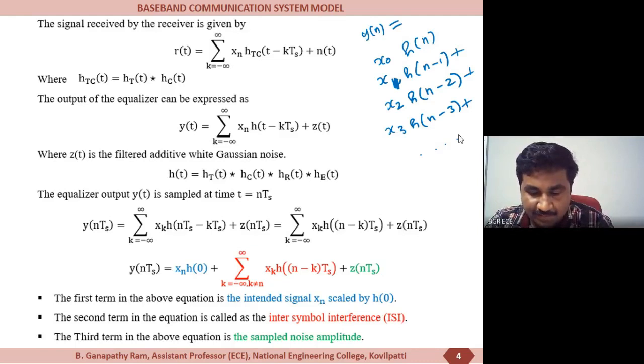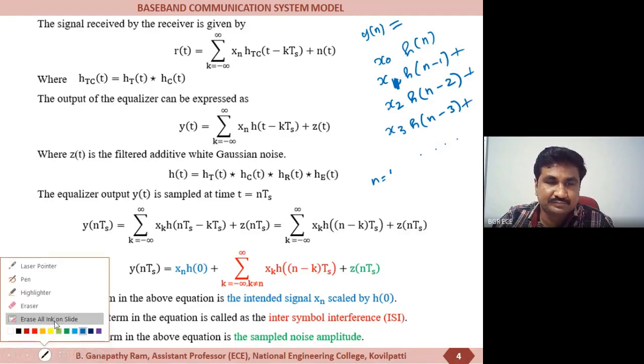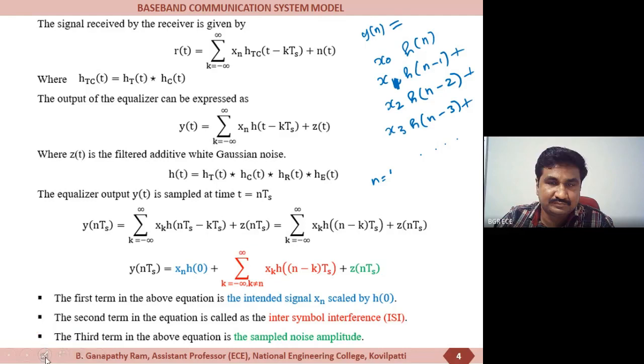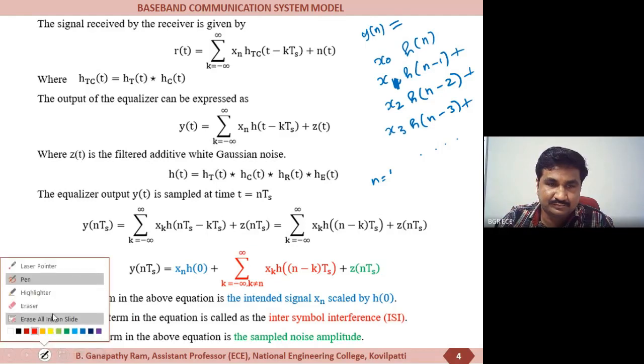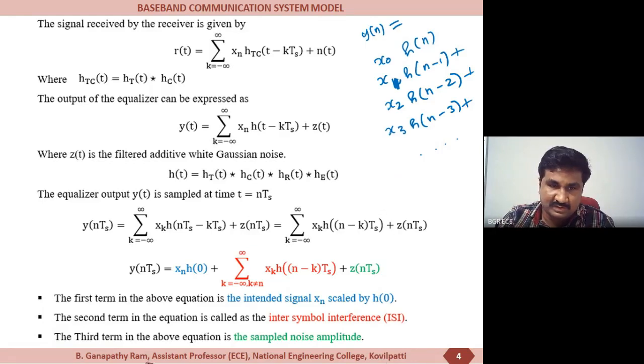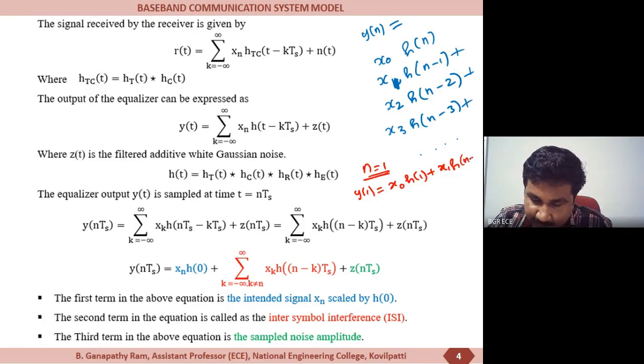If you substitute n equal to 1 here, y of 1 will consist of x0 h of 1 plus x1 h of 0 plus x2 h of minus 1 plus x3 h of minus 2, and it goes on.